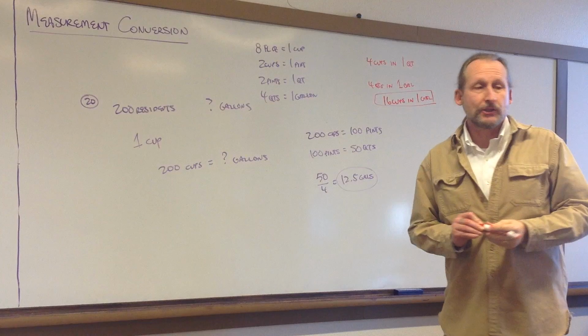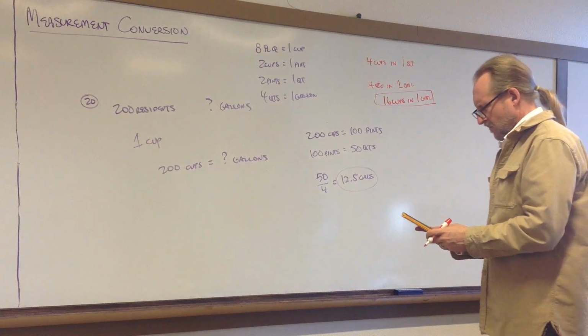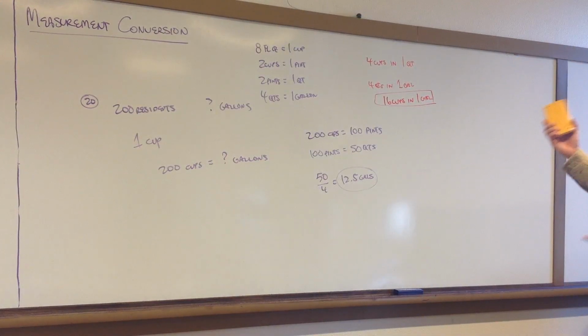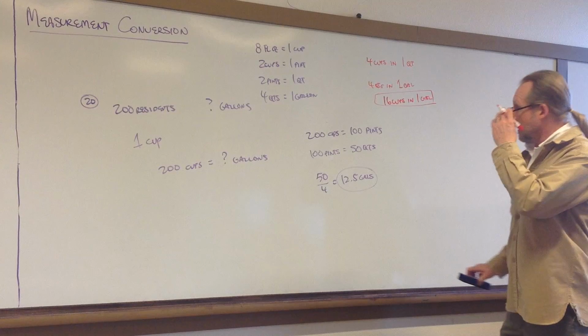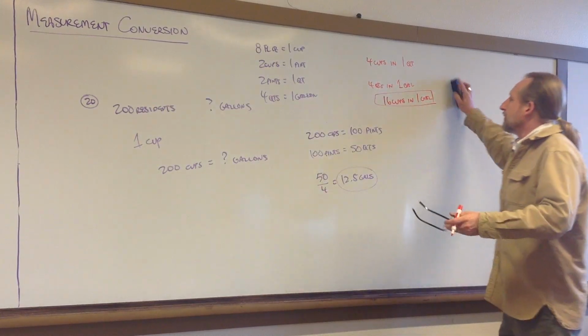So we could just take that 200 and divide it by 16, and that should give us the same answer. 12.5, exactly. Okay? You can do the same thing with fluid ounces. You can make everything in terms of fluid ounces and then compare them that way. But however we go about doing it, we should always come out with a 12.5.